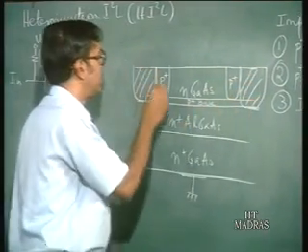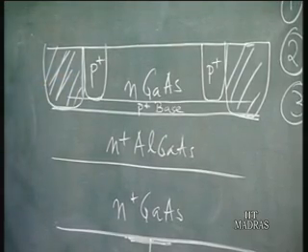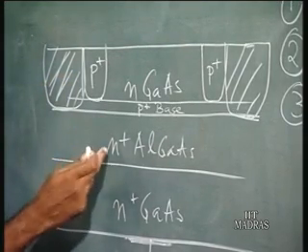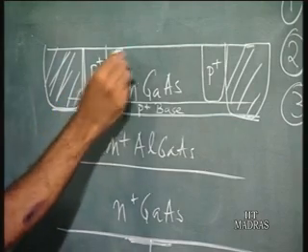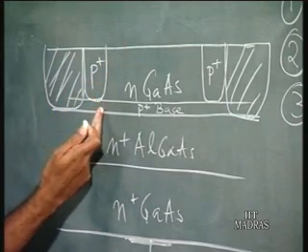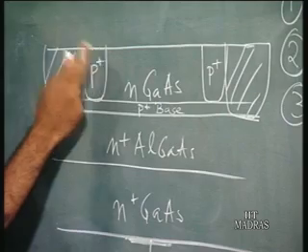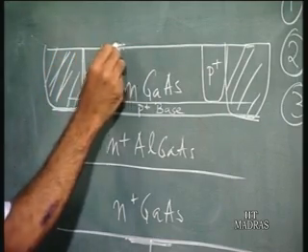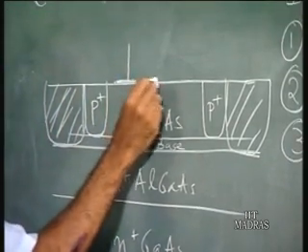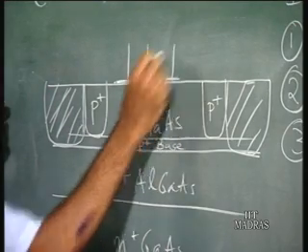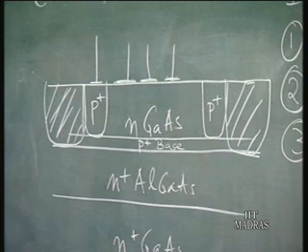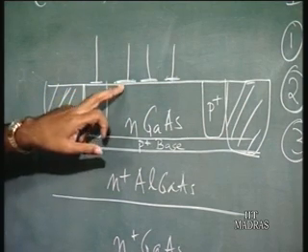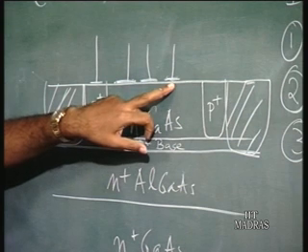So, this is the isolation region. The basic device structure is an NPN transistor, and the P contact is taken from here. Then you have to take the collector contacts from here. So, this is the base contact, this is the base contact, this is the collector, and these are the Schottky diodes.